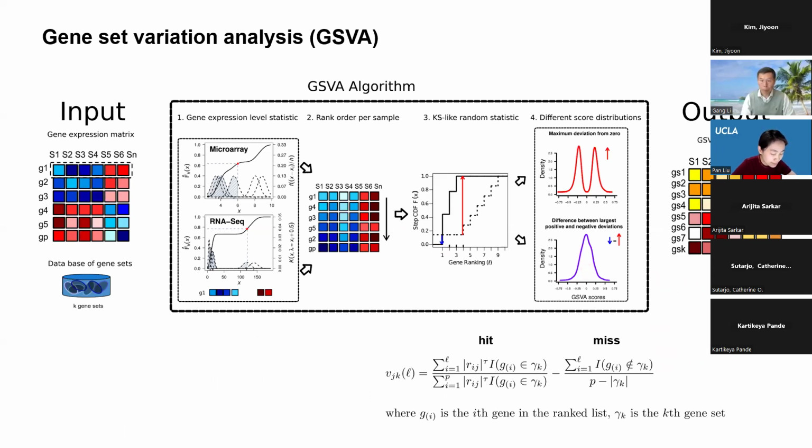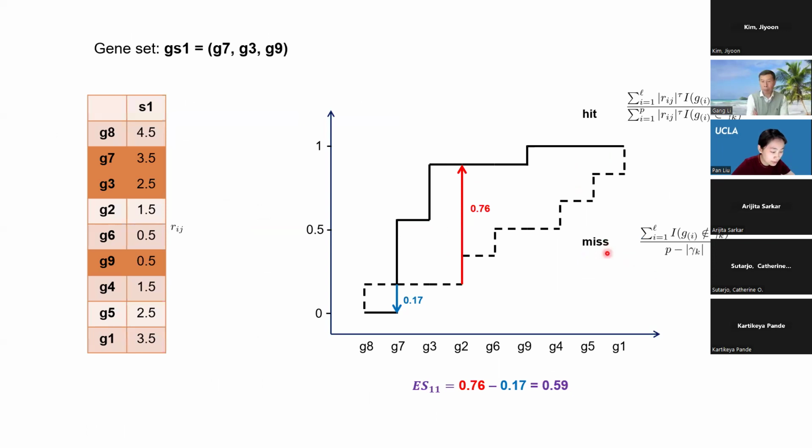And remember that p-hit and p-miss thing we did for GSEA, we also have this kind of running sums in GSVA. For example, this is the formula for p-hit, and this is the formula for p-miss. So back into our own example, suppose the first gene set of interest, GS1, includes 3 genes, gene 7, gene 3, and gene 9.